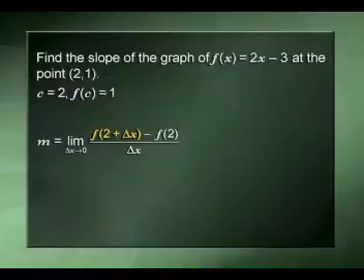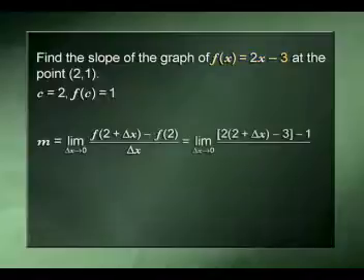Well, you take the function. The rule is f of x is 2x minus 3. So every time you see an x, you replace it with 2 plus delta x. So you get, in the numerator, 2 times (2 plus delta x) minus 3, and then finally minus f of 2, which is minus 1. And that's all divided by delta x.